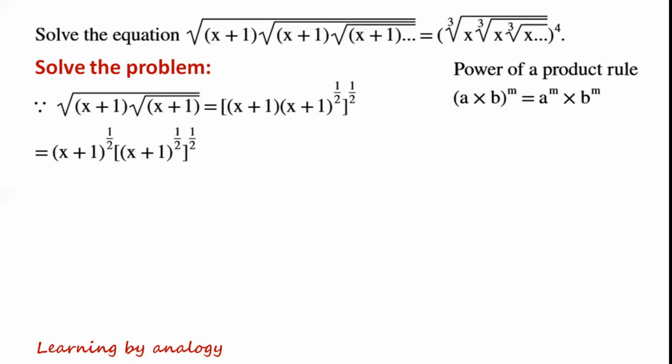So we can now write equals x plus 1 to the power of a half times x plus 1 to the power of a half, all to the power of a half. The power of a power rule states that a to the power of m, all to the power of n, equals a to the power of mn.